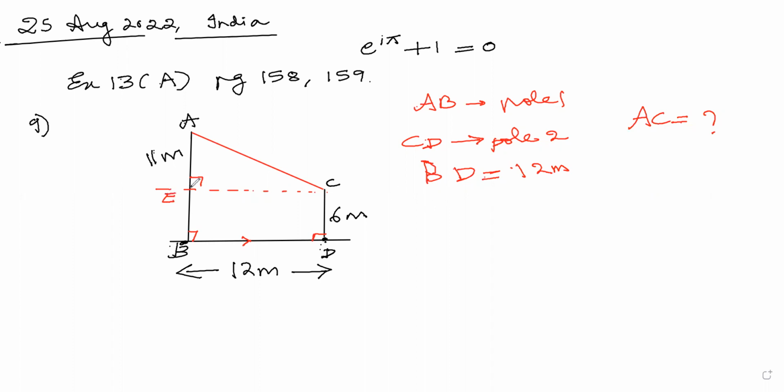My construction will be to drop CE. Children, you have to drop CE perpendicular to AB. C is the tip of the shorter pole, isn't it? I'm dropping a perpendicular from C onto AB, and I call it CE.